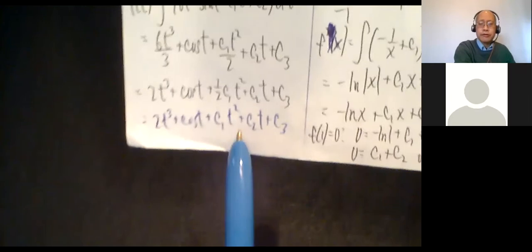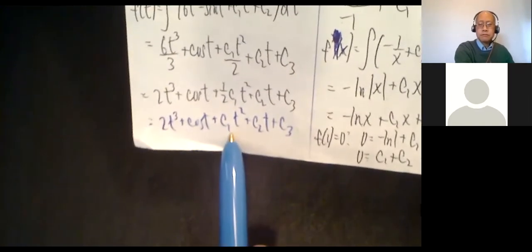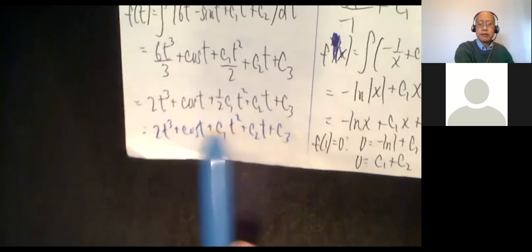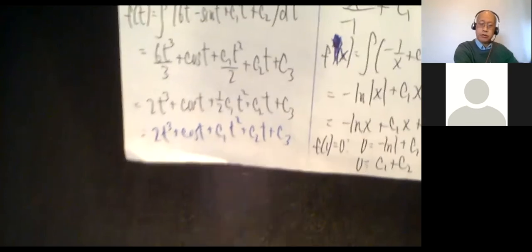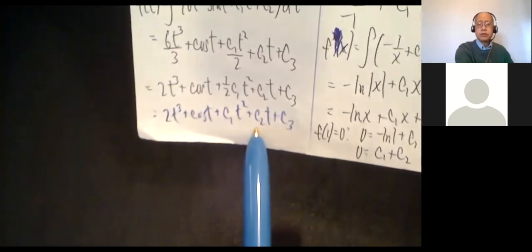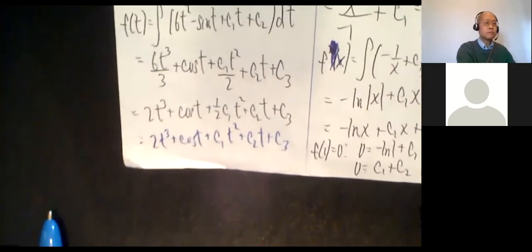And you know the third derivative of this, this, and this are all going to be 0, right? First derivative, 2c1t. Second derivative, 2c1, constant. So the third derivative is gone. Likewise, these are going to be gone. First derivative is c2, so the second derivative is gone, third derivative is gone. First derivative of this is 0, second derivative is 0, third derivative is 0. So it definitely works.